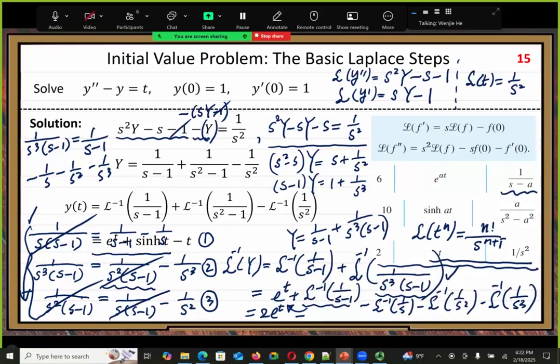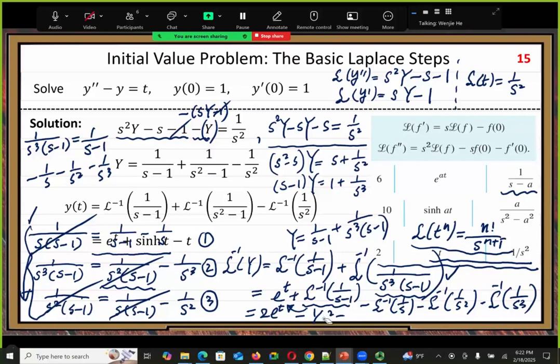Then for the last 3 terms we can apply this formula.